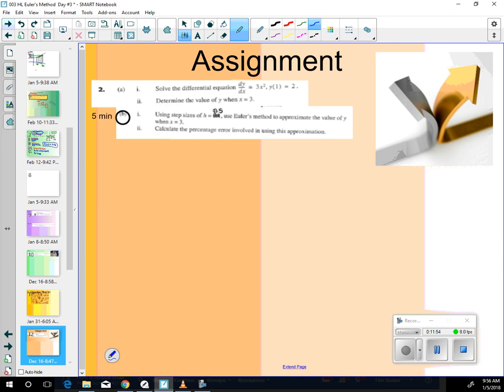It says, using step sizes of 0.5, use Euler's method to approximate the value of y when x is 3. So we're going to start here. dy/dx equals 3x squared. If you want to, just call this f of x of n, y of n. That's what that one is.